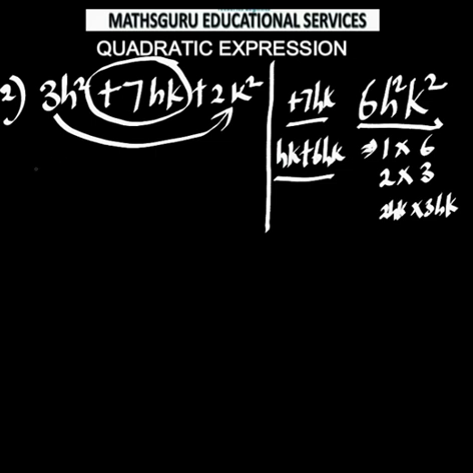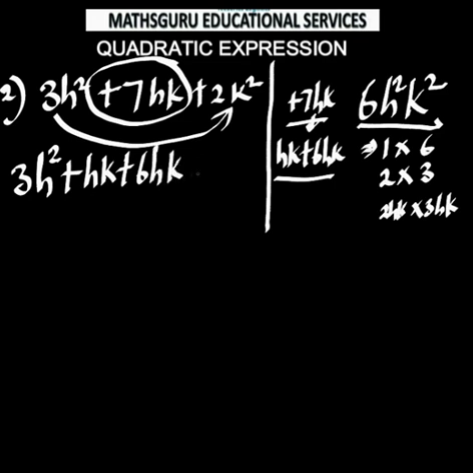So we have 3h squared plus, we are not going to write 7hk again, so we are going to have this substitute for it, hk plus 6hk plus 2k squared.